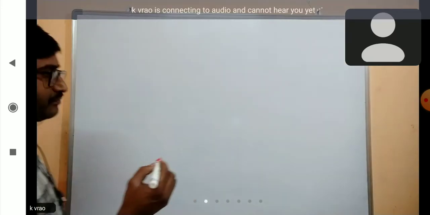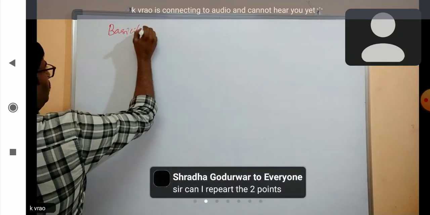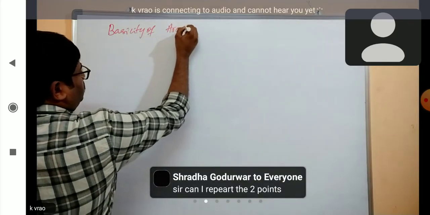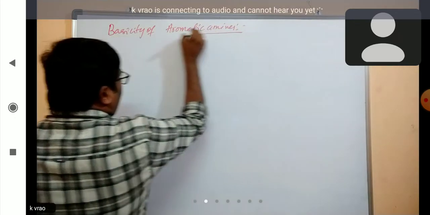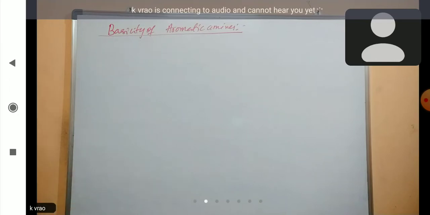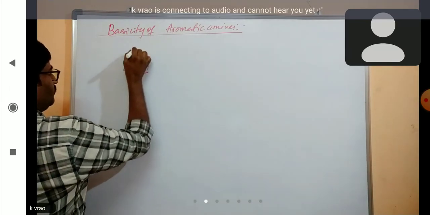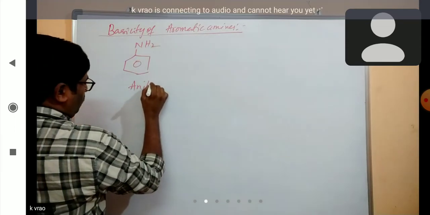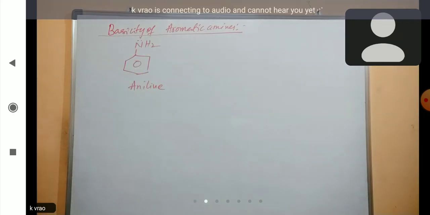Now, basicity of aromatic amines. In this case, we consider benzene possessing NH2. It is called aniline. So here also one lone pair of electrons is present.